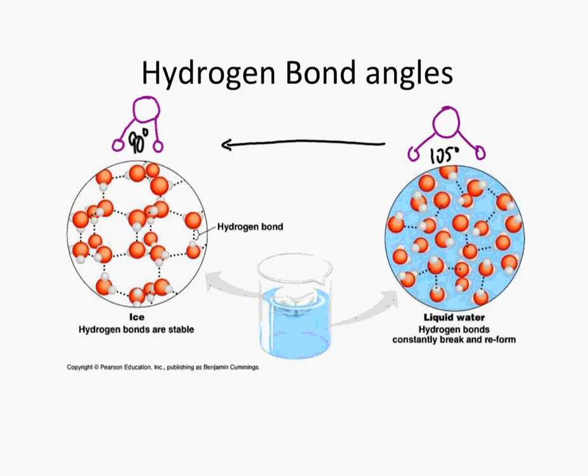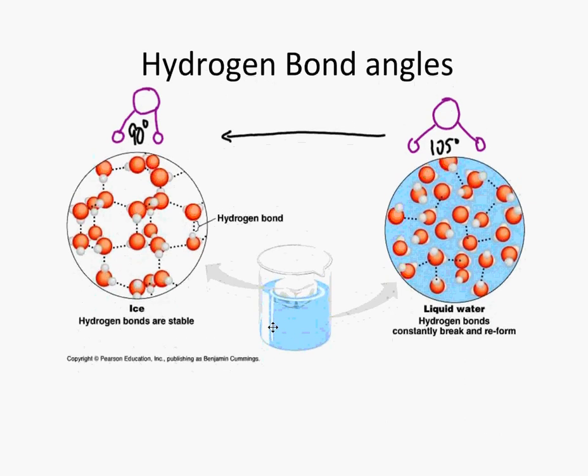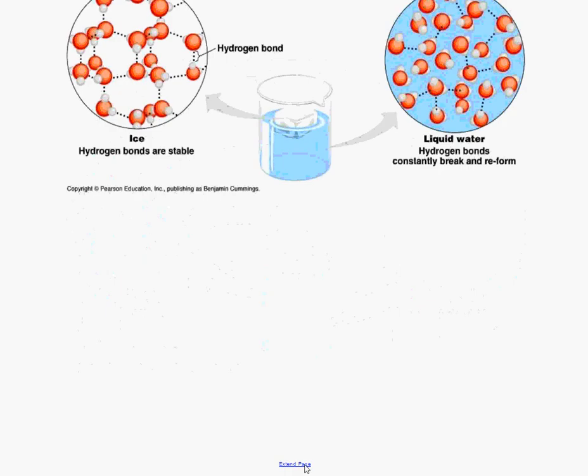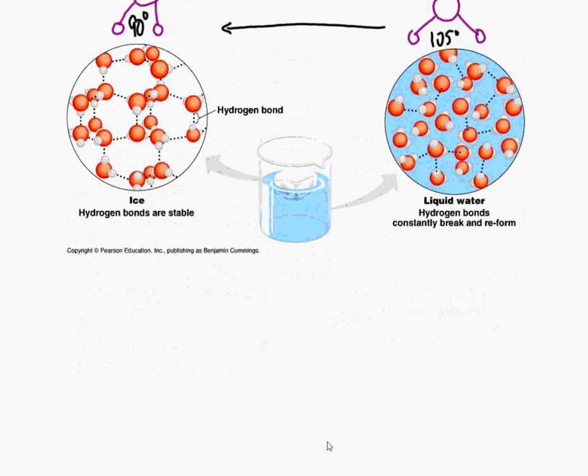It causes those molecules to want to push away from each other, causing the water to expand. So this does a couple of things. The mass of the water hasn't changed because you still have the same amount of water.